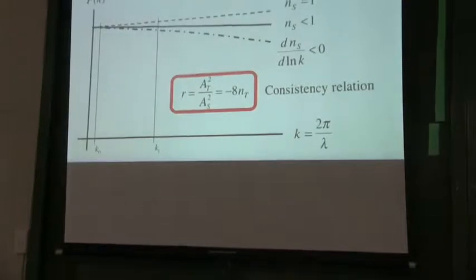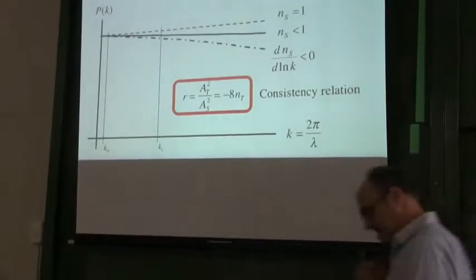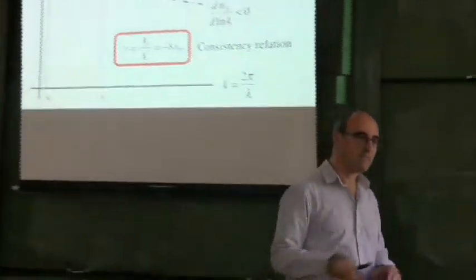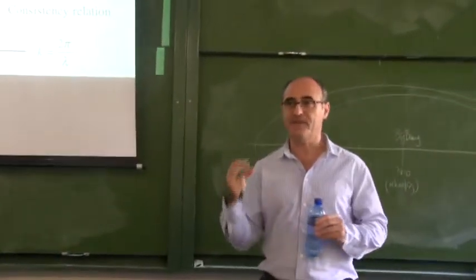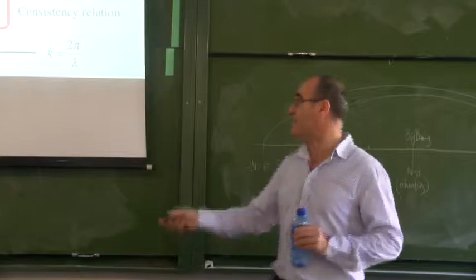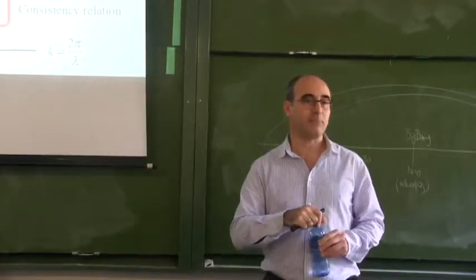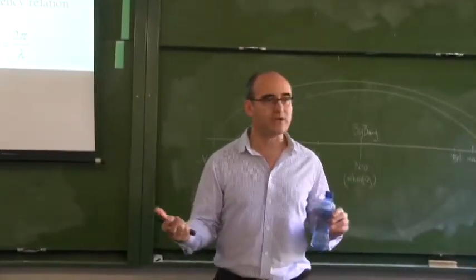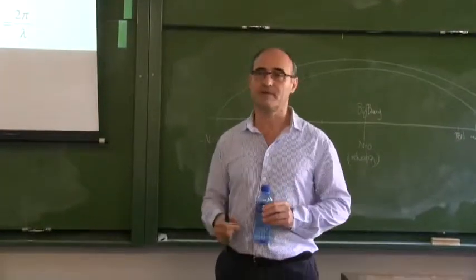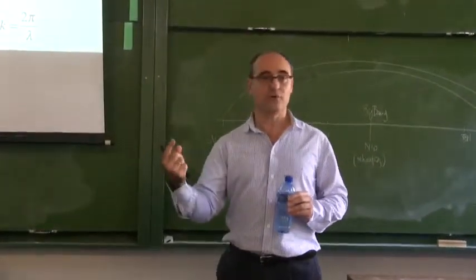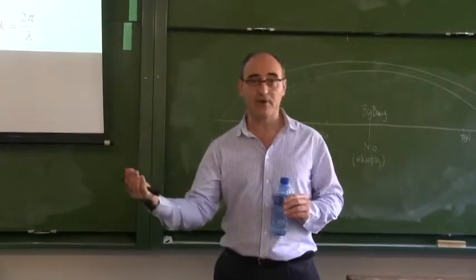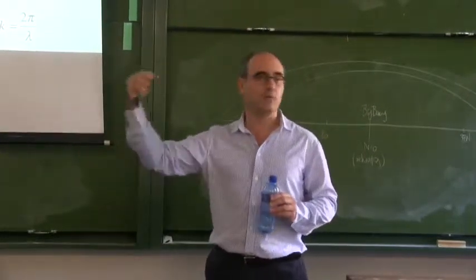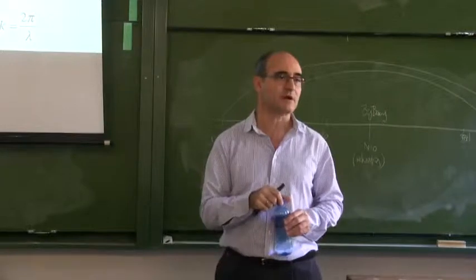So this is a quantity, the famous R quantity, which is the holy grail for CMB and LSS for the next generation of experiments. It's the thing that people are searching for. At the moment, it is bounded by Planck to be less than about 0.07 or so, at 2 sigma. In the future, we might reach R of a few per million, with LiteBIRD, with CORE, with whatever large satellite will come in.